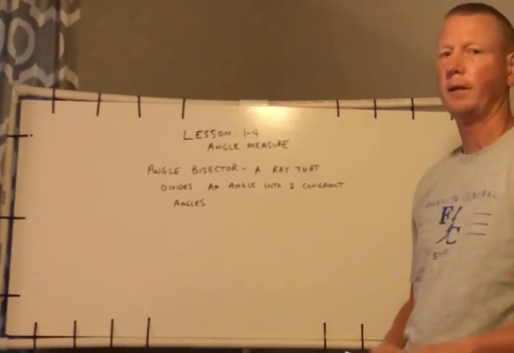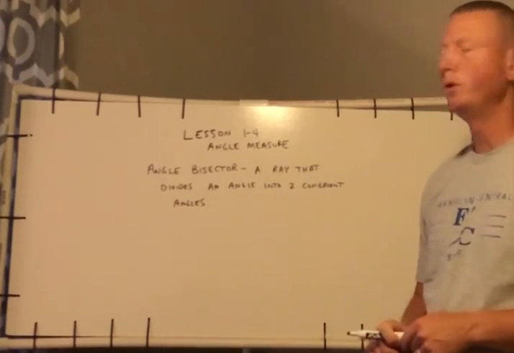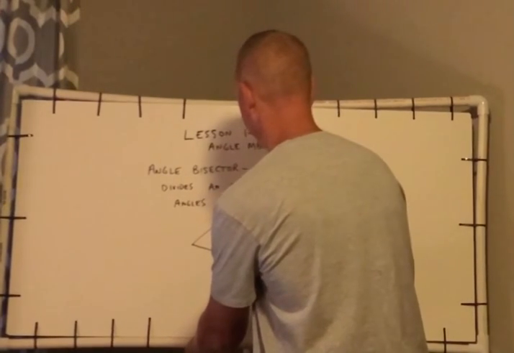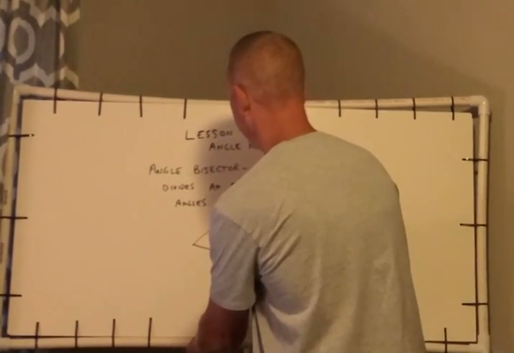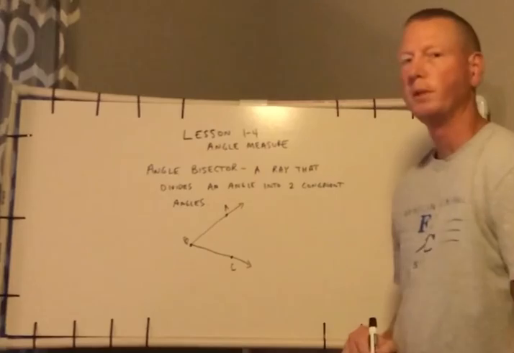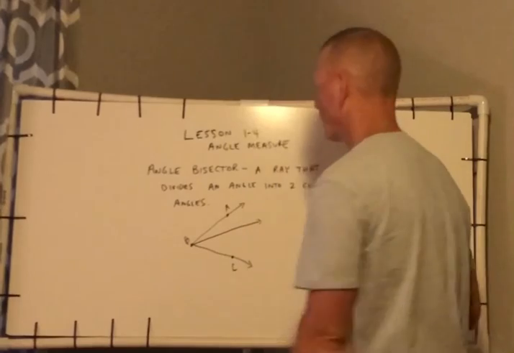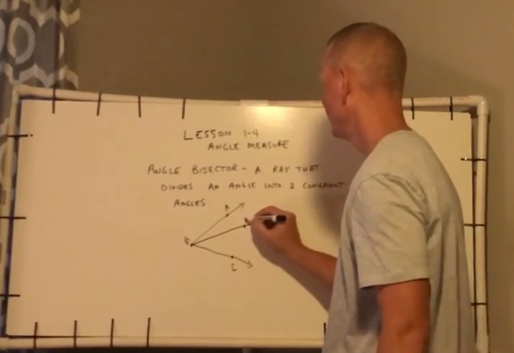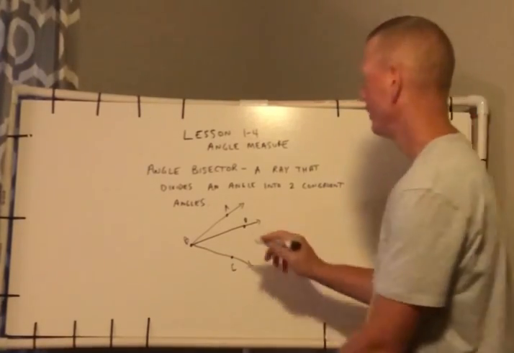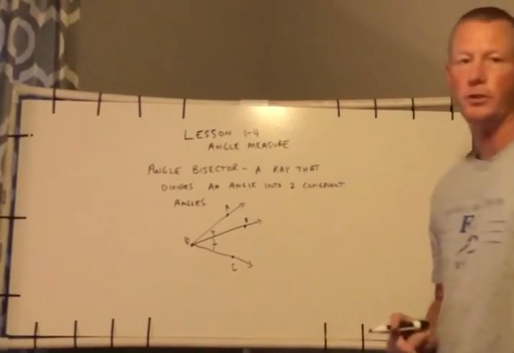Our next term is an angle bisector. Again, a lot of vocabulary in this section. We say an angle bisector is a ray that divides an angle into two congruent angles. So if I've got an angle here, let's say that this is angle ABC. If I'm going to split that angle in half with a ray, we'll call this ray BD, we would consider ray BD to be the angle bisector because it makes this angle and this angle the same measure.